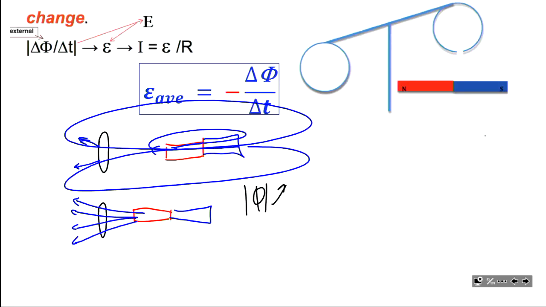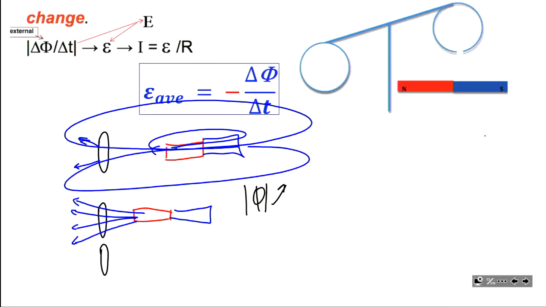What we say is, because flux increases, the induced magnetic field should point, and now we have to choose between parallel or opposite to the external magnetic field.